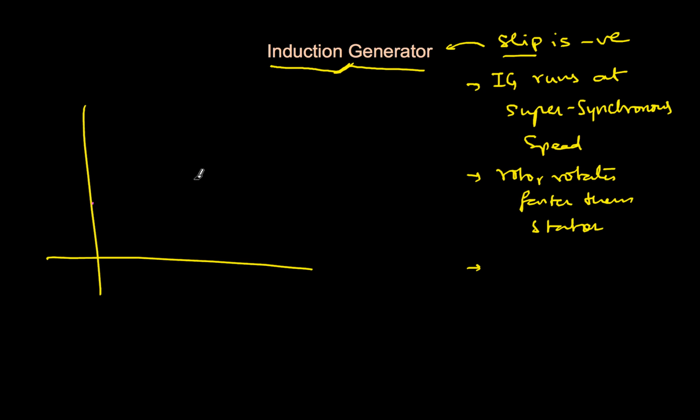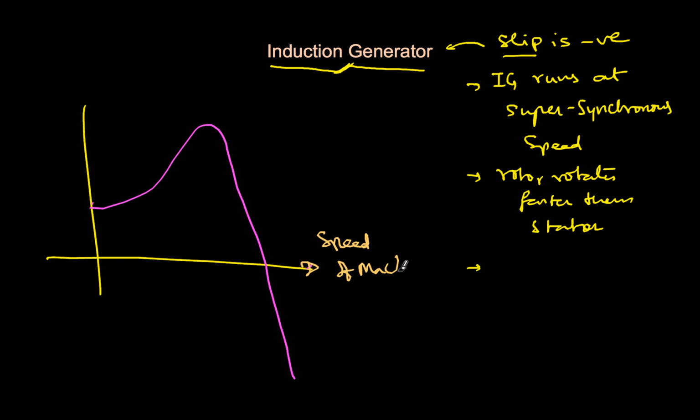On the x-axis is the speed of the machine, and this is the synchronous speed ns, and on the y-axis is the torque generated.